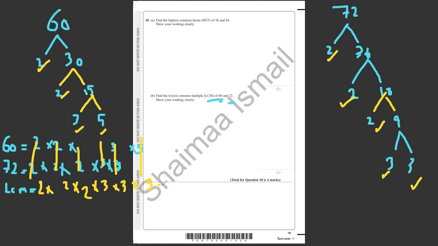After we multiply all these numbers, see that you find the answer. Okay, and this will be equal to 360.